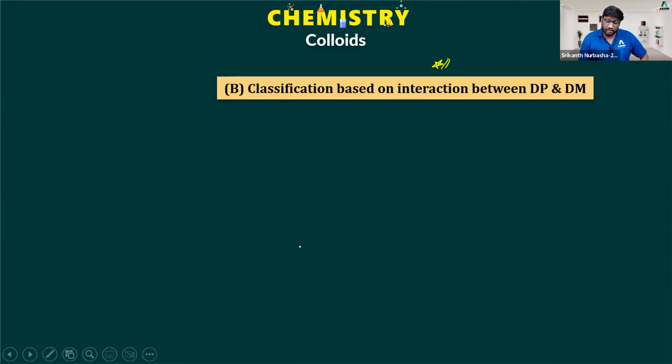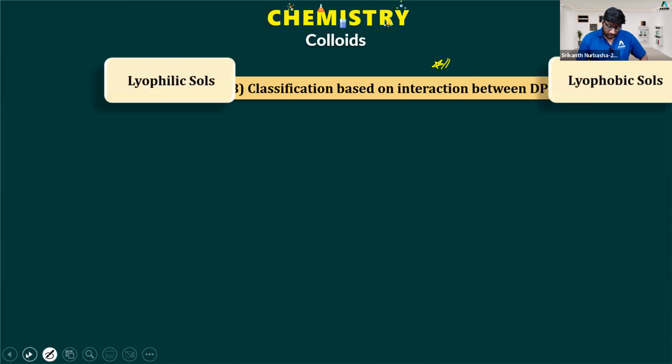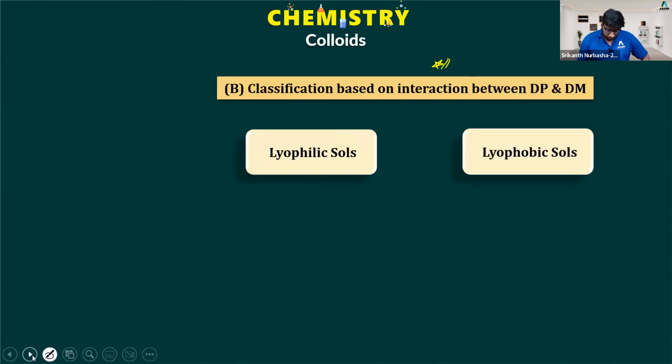Classification based on interaction between dispersed phase and dispersion medium. Like lyophilic sols, lyophobic sols, you can have these examples. What are lyophilic? Lyophobic means what? Lyophilic means solvent loving. Lyophobic means solvent hating.